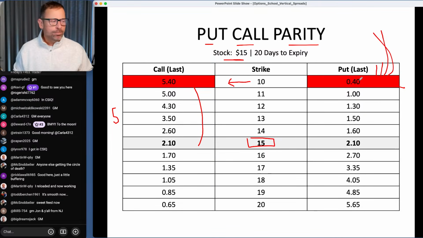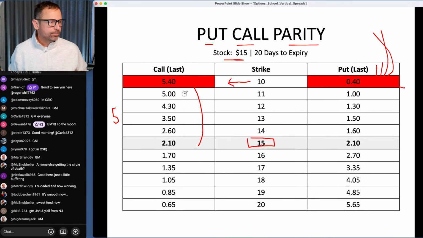That's how much premium is in the puts. It's the exact same thing. So 5.40 plus 10 is 15.40. Stock's at 15, 40 cents of premium. You could see that in the puts. Puts, calls, it's really the same exact thing.